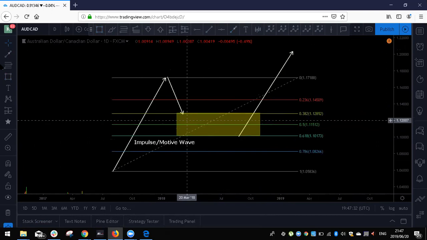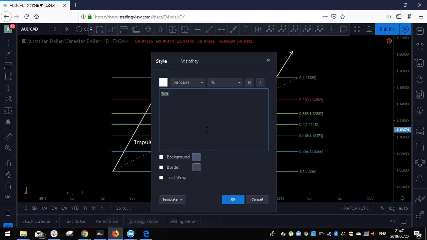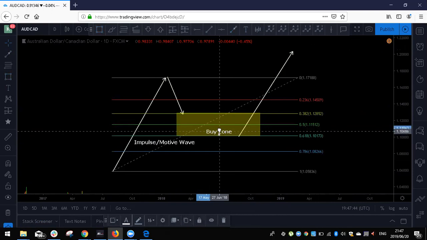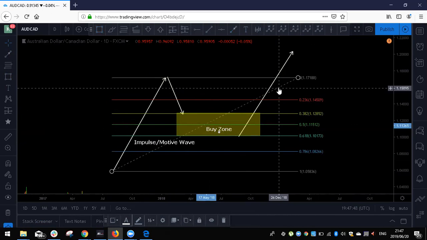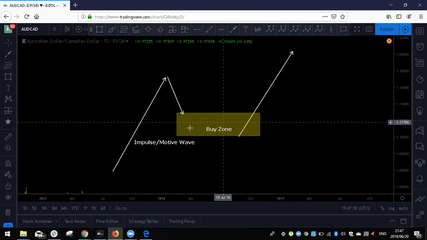So I'm going to call this my buy zone. That is where I'm going to wait to take my buy trade.